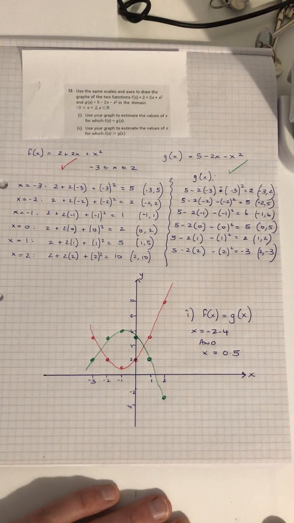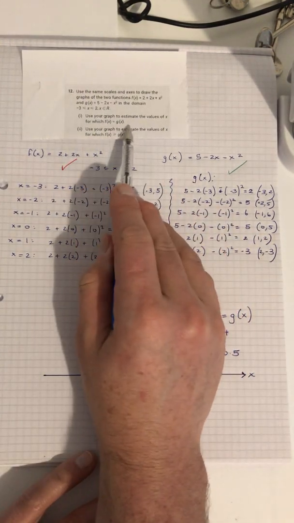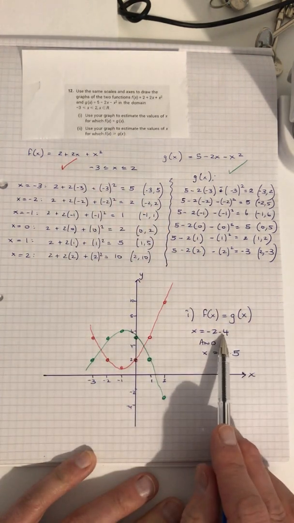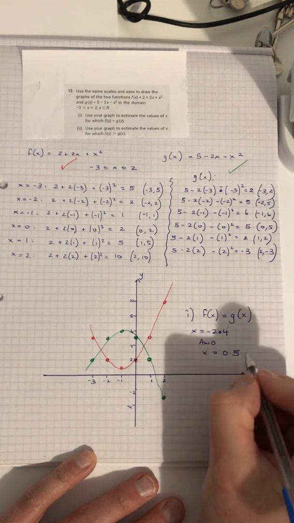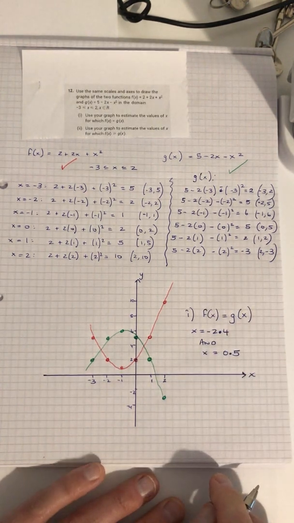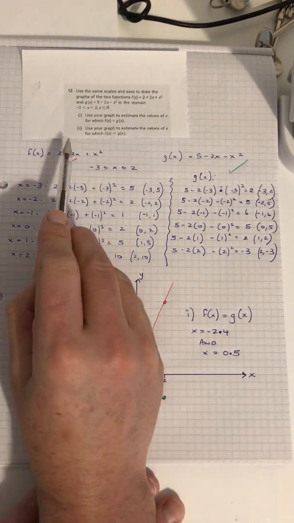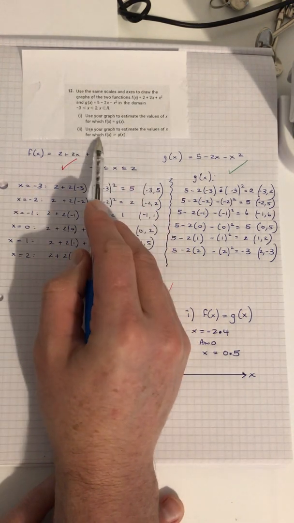Okay, so the two values for x are minus 2.4 and 0.5.